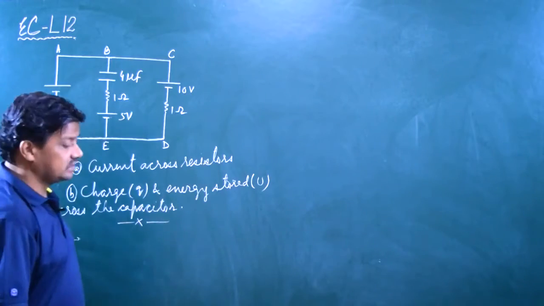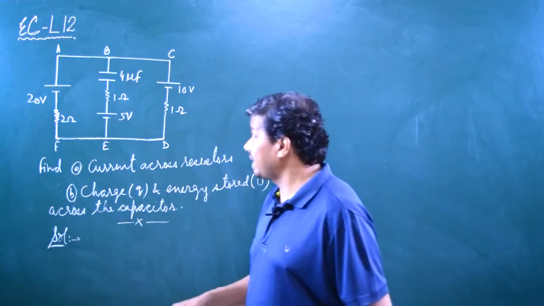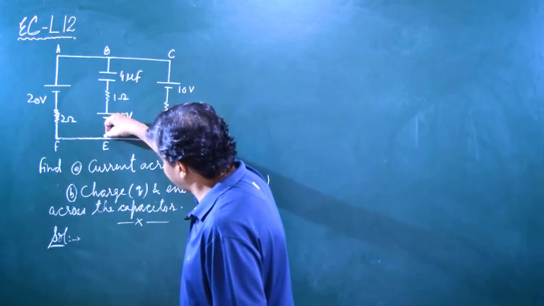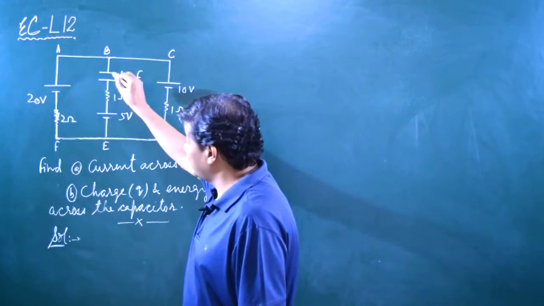What I have told you, since in steady state the charge across the capacitor is maximum, that's why the current across this capacitor arm will be 0. That's why firstly remove this capacitor arm.